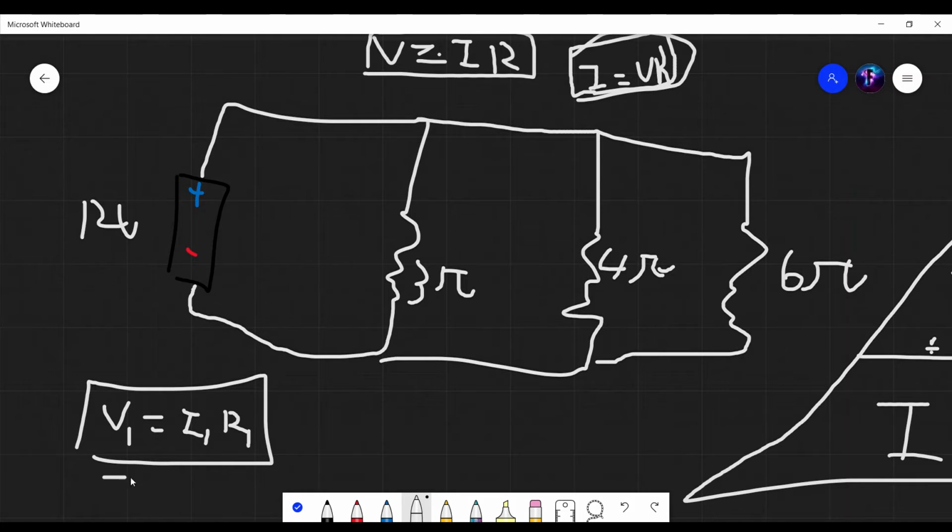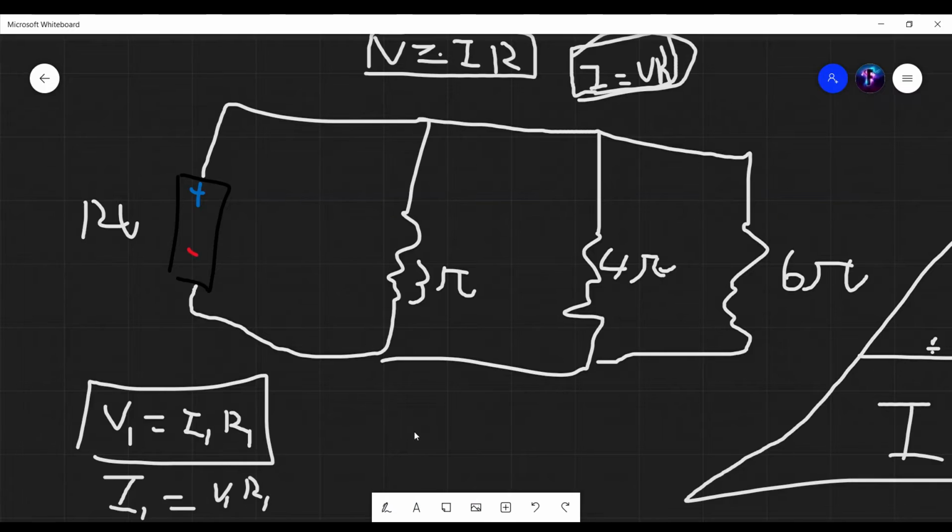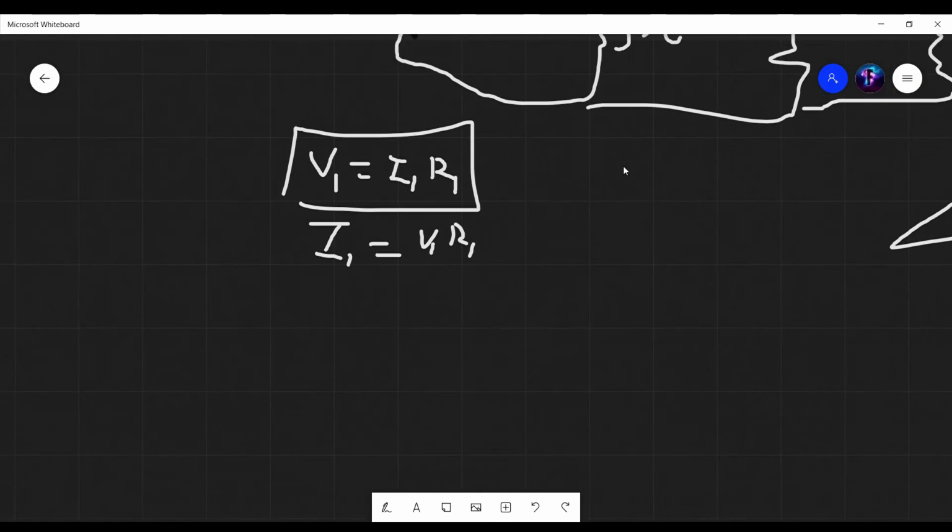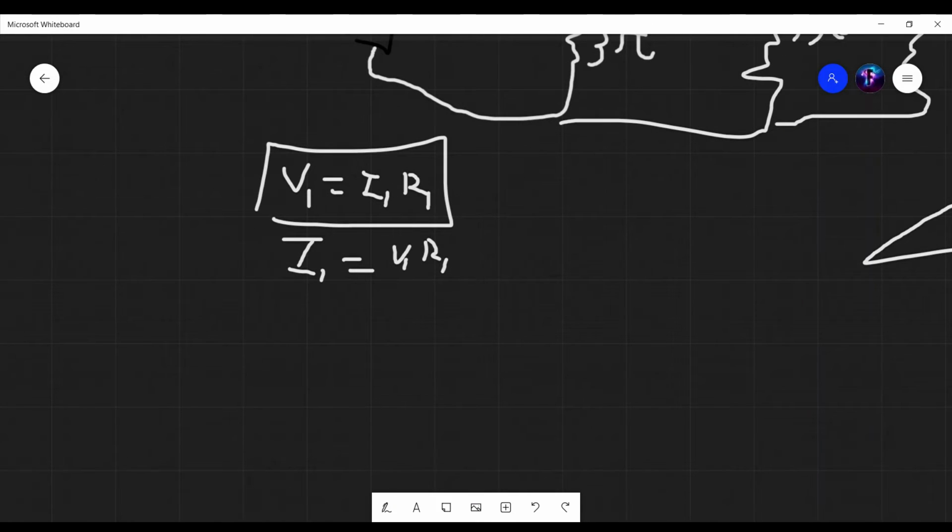To find it, you're going to do I1 equals V1 over R1. So we know that the R is 3 ohms right here. 3 ohms. So I'm going to fill it in.